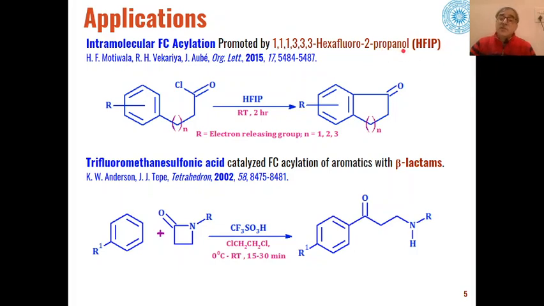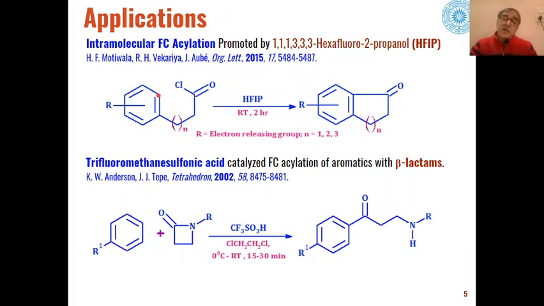This alcohol, because of the presence of these electron withdrawing fluoro groups, is very acidic in nature, and this will interact with this acyl chloride, and this chloride will be removed from here to the HFIP, and an acylium cation will be generated at this carbon.